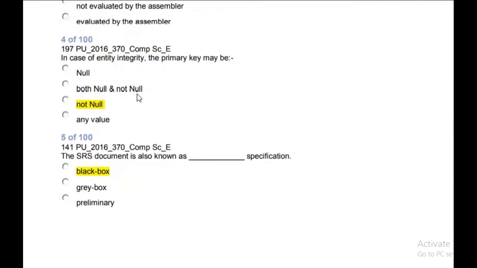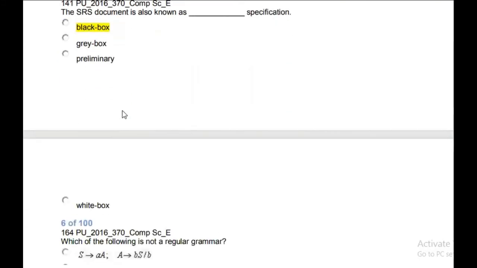Then fourth question. In case of entity integrity, the primary key may be not null. Option C is right. Question 5. The SRS document is also known as dash specification.